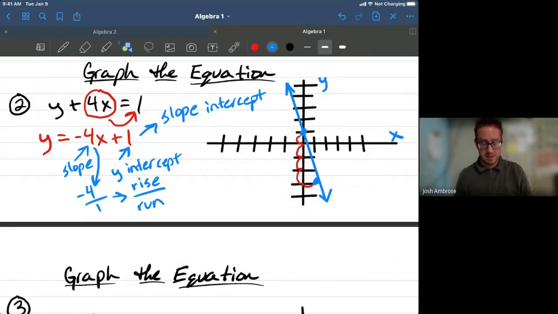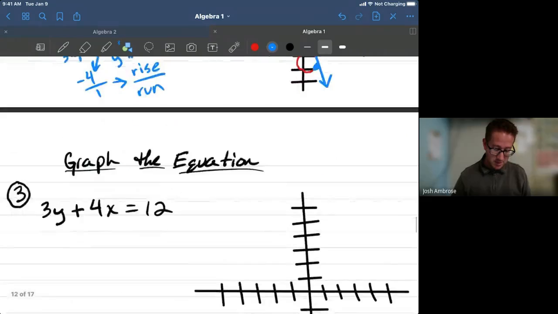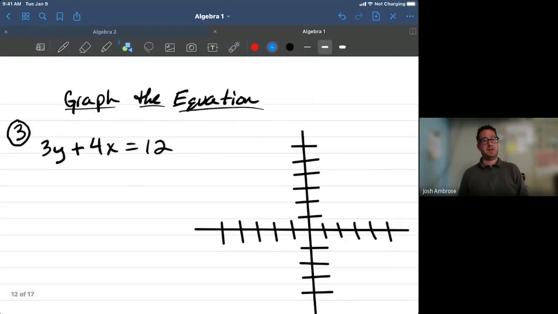Now let's take a look at example 3, and here's the other method. All right, here's the other method we could use. Notice how 3y has a coefficient of 3. 4x has a coefficient of 4. Moving things around would be way too difficult here.